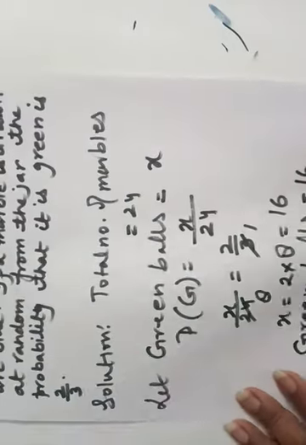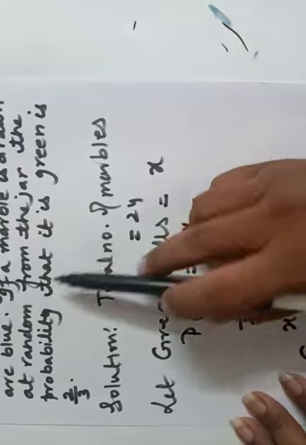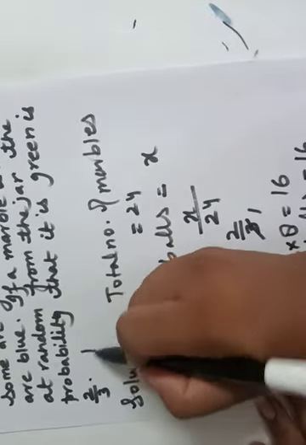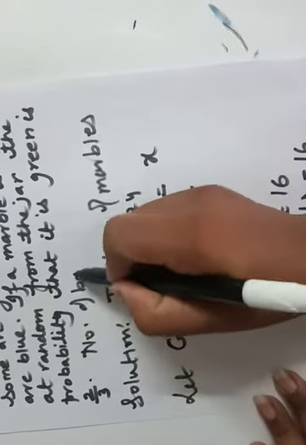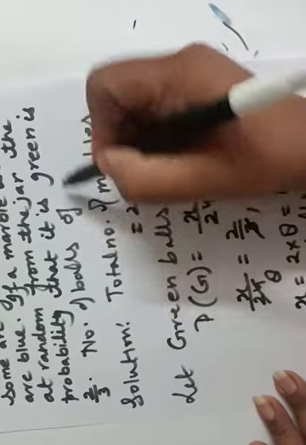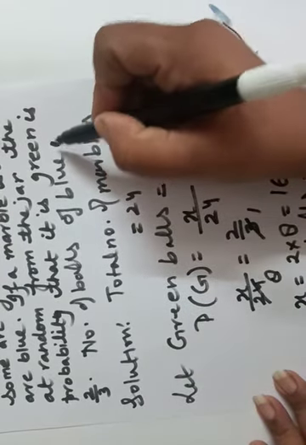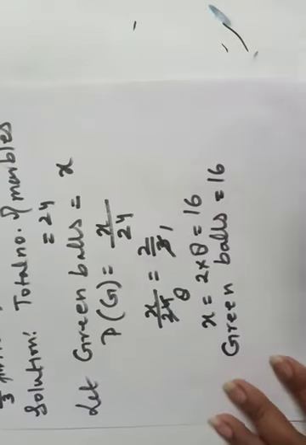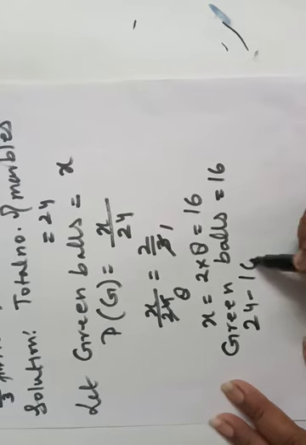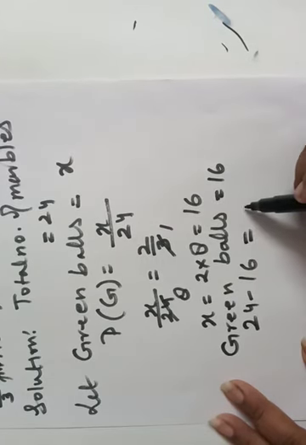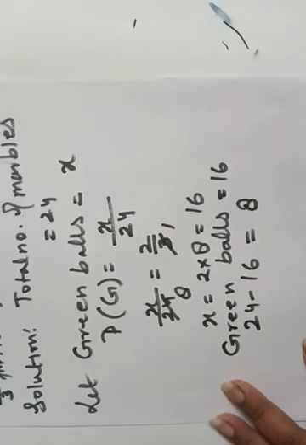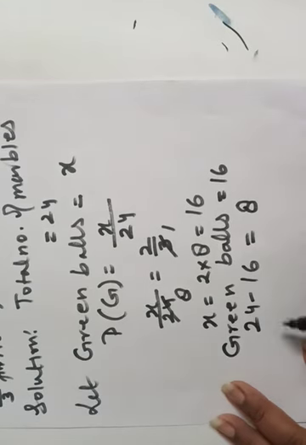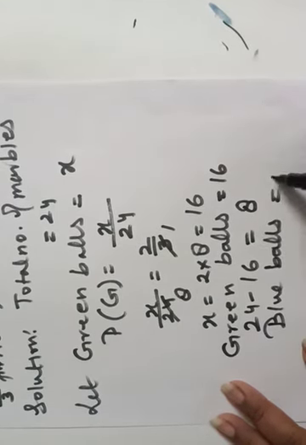So we need to find out the number of blue balls. So 24 minus 16 is equal to 8. So we have blue balls, that is equal to 8.